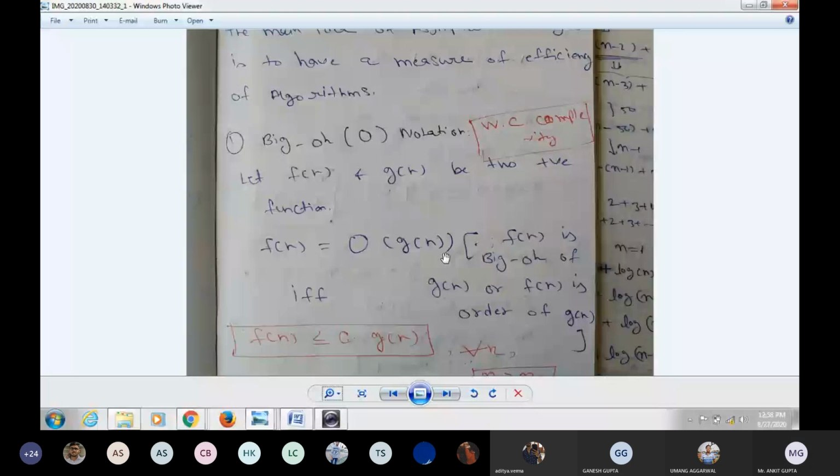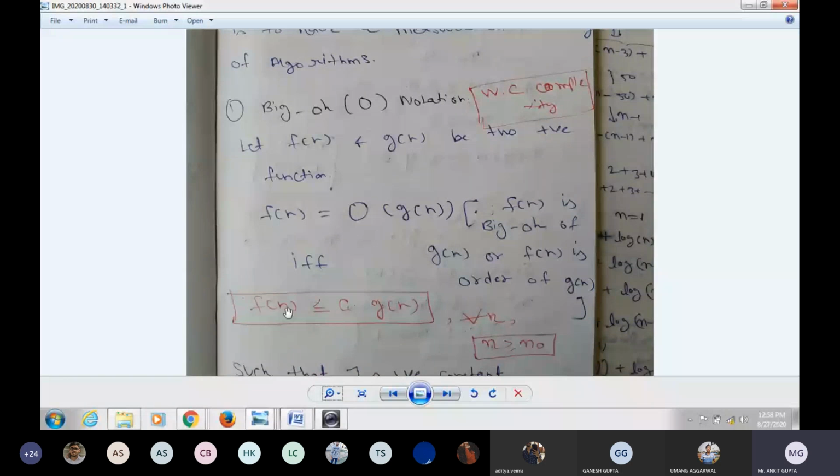If it is there, then if and only if, in case of big O, f(n) is less than or equal to c into g(n), where c is a constant. I will discuss this in a question so you get a clear idea.